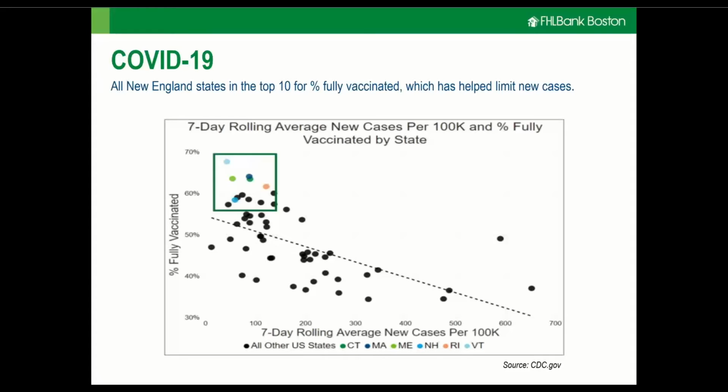In this particular chart, I'm showing 7-day rolling average of new cases per 100,000, and that's just to adjust for population size. So fortunately, our numbers have been slower to tick up. Granted, southern states experienced the Delta wave earlier than New England, and we're starting to see things pick up here.